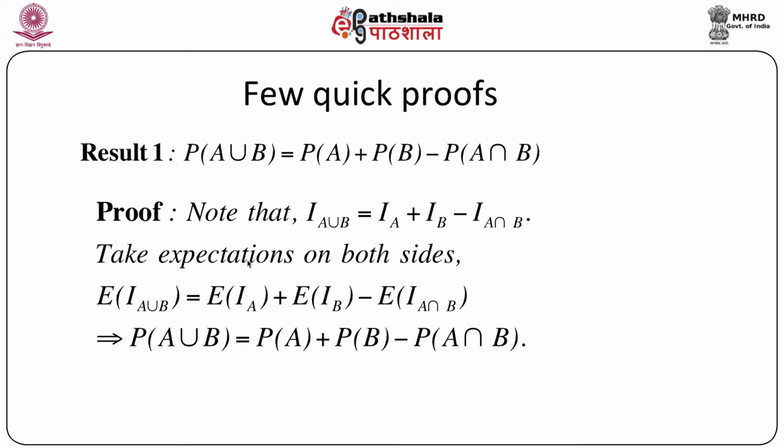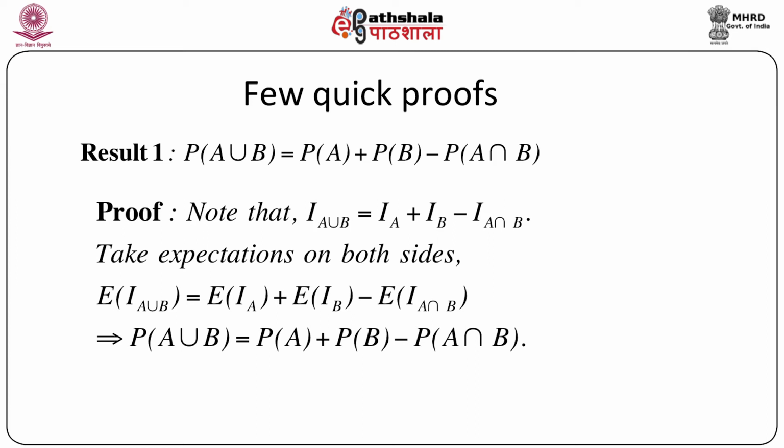Now we know that the expectation of an indicator function is nothing but the probability of the set on which the indicator function is defined. So naturally the expectation of I of A union B equals the probability of A union B, which equals the expectation of I_A, meaning probability of A, plus expectation of I_B, meaning probability of B, minus expectation of I of A intersection B, meaning probability of A intersection B. So you see the proof is extremely simple, just a one or two line proof without any splitting of the events or any Venn diagram kind of thing.